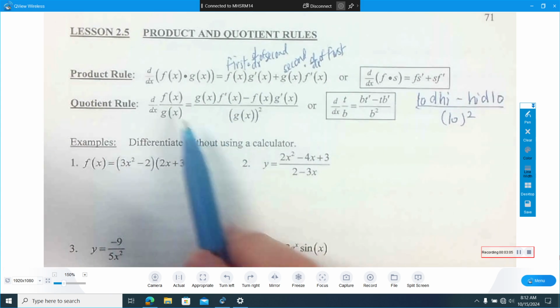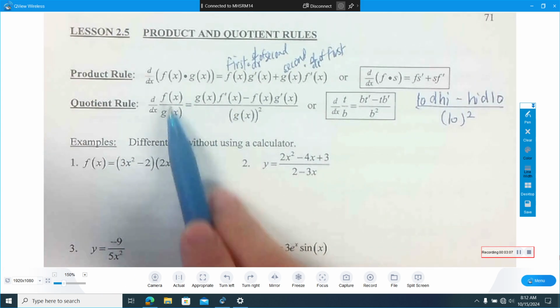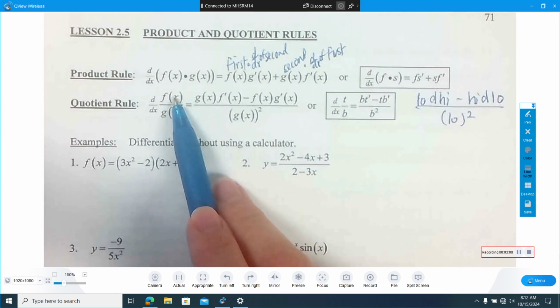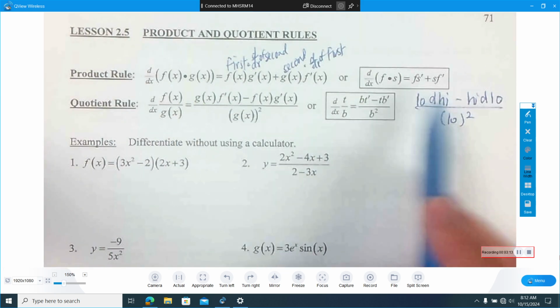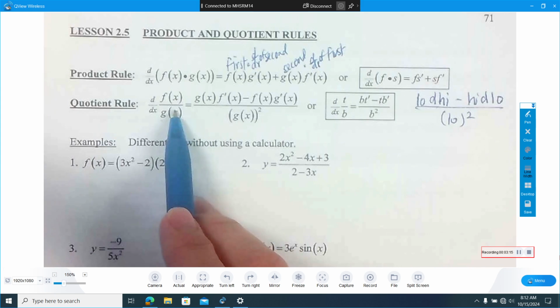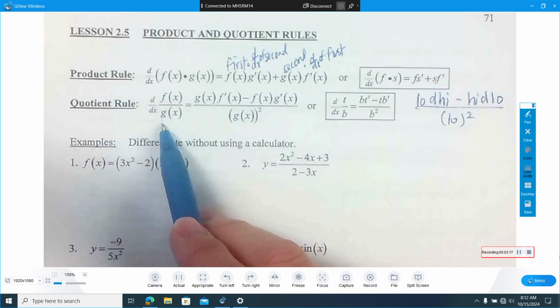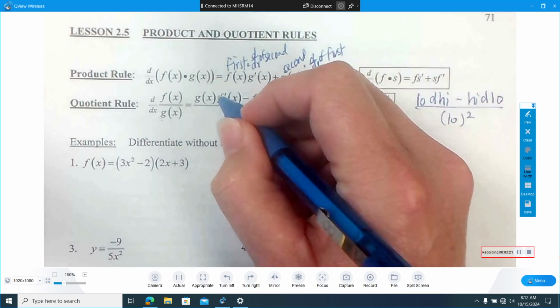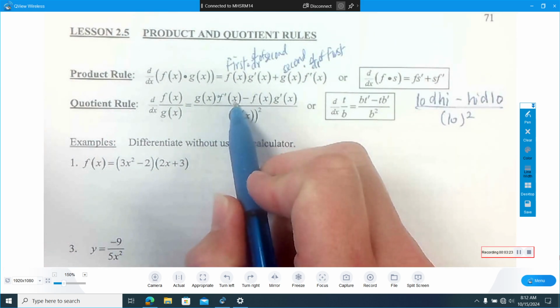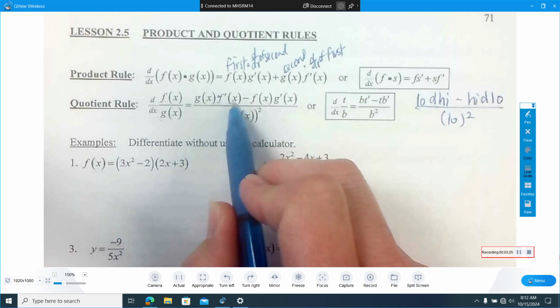So what is it? Again, quotient means we have a fraction here. We've got a numerator and denominator. And of course, low is referring to the denominator, okay? And so it's the denominator function times the derivative of the f function, the derivative of the numerator.